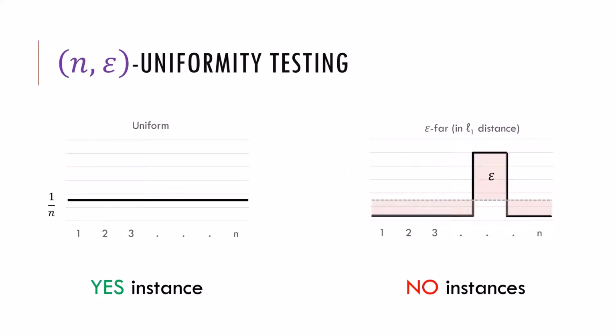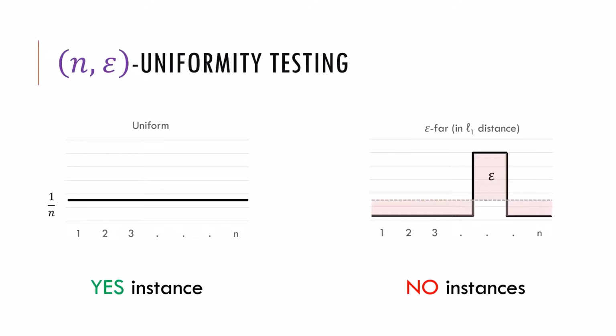So in this talk, we're going to focus on distribution testing and specifically the problem of uniformity testing. In the problem of uniformity testing, we're exposed to samples from a distribution that is over a domain of size n, and we need to distinguish the two cases.